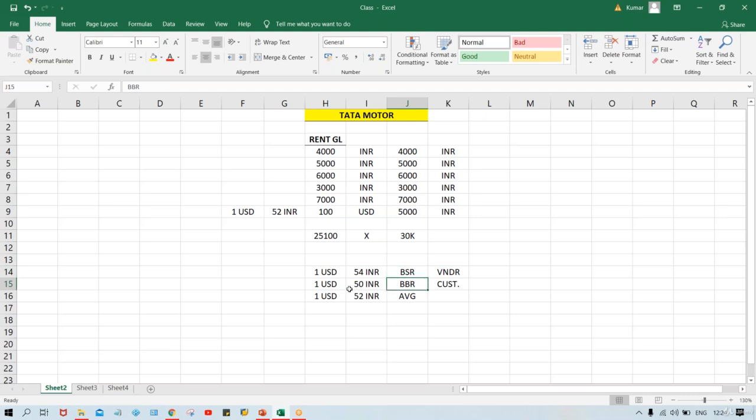In case of only customers, this rate is going to be specified, and for customers and vendors both, the average rate is going to be specified here in the exchange rate table, right? And based on this rate, whatever transactions are posted, the system is going to convert them automatically into your local currency. This is the concept.